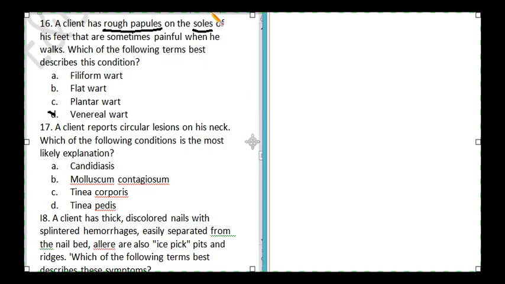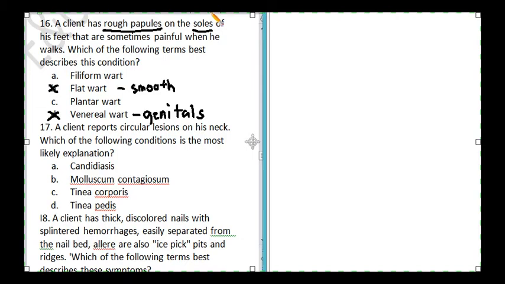Let's eliminate letter D because venereal warts are type of warts commonly seen in genitals. Let's also eliminate B, flat, because flat warts are considered to be smooth.